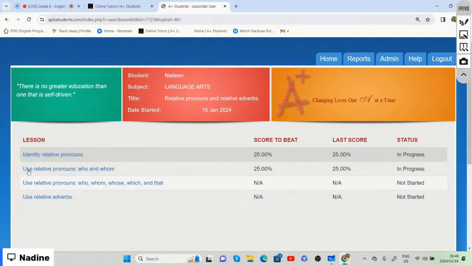We use who for he, she, and they, and we use whom for him, her, and them. All right, so that is the end of our lesson on relative pronouns and adverbs.